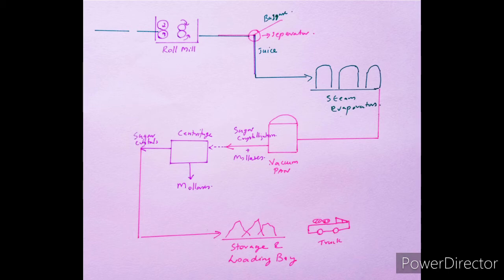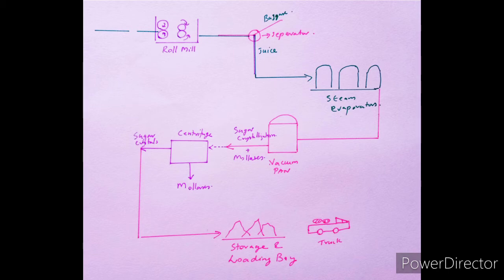So this is a bigger version of that same mechanism, and the mix of bagasse and sugarcane juice is sent across the separator for separating the juice and the fibrous residual from the cane.